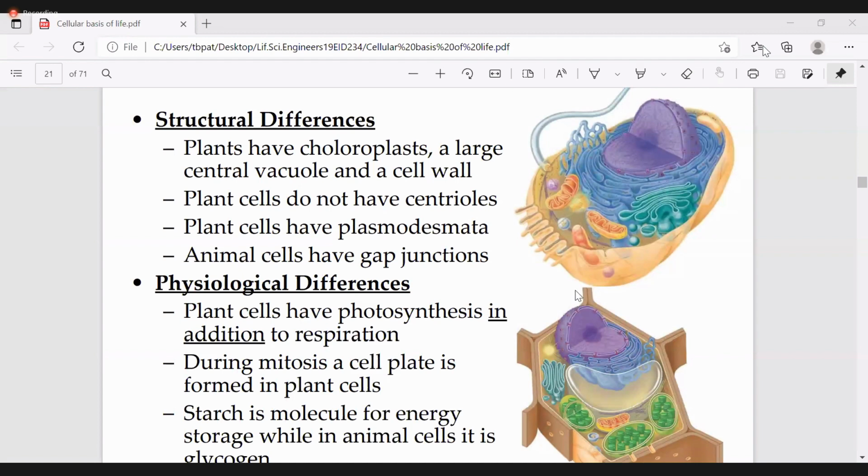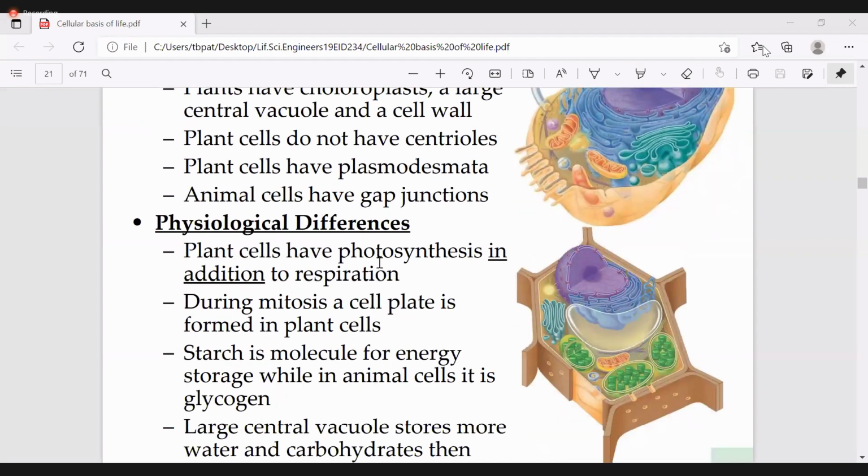Physiologically, plant cells carry out photosynthesis in addition to respiration. Respiration also takes place during the night time. During mitosis, a cell plate is formed in plant cells.